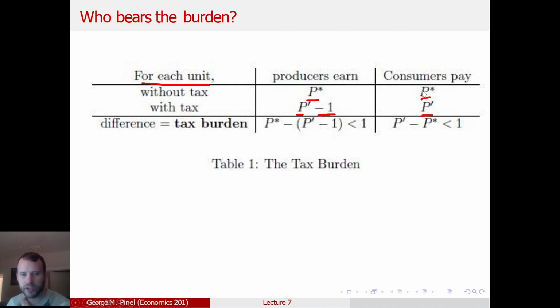What consumers lose is P prime minus P star. They would have gotten their willingness to pay minus P star as their consumer surplus. Now they're getting their willingness to pay minus P prime. So the loss in consumer surplus for each unit is P prime minus P star. Each of these is less than the amount of the tax.